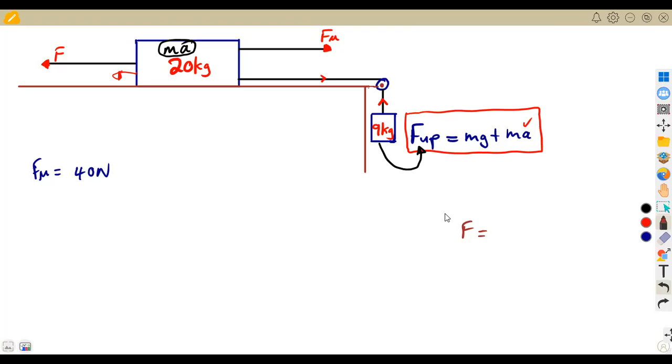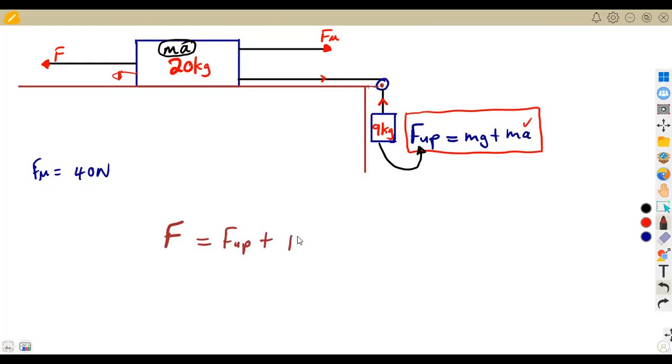So we are supposed to consider all the forces, isn't it? In that part, we're talking about the frictional force and MA. But now we no longer have this part alone. There is F up also, which is part of the forces, meaning we are going to have F up together.